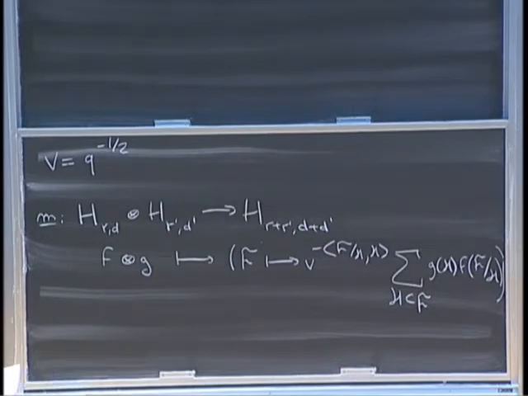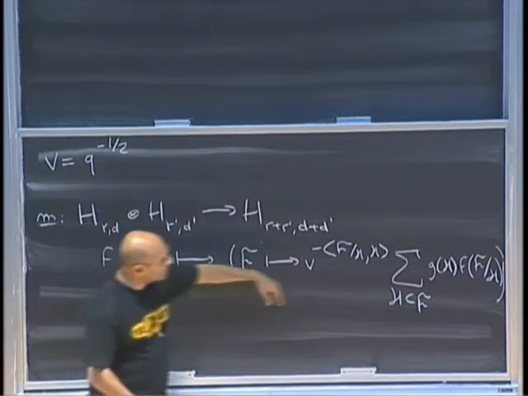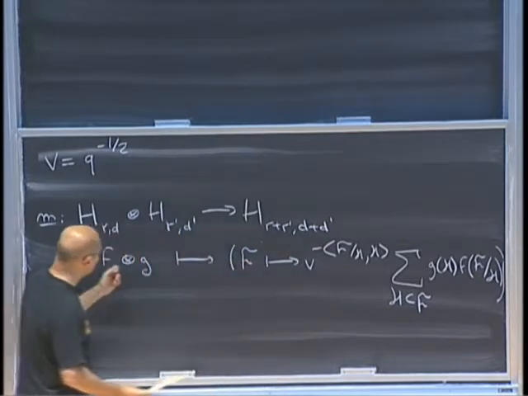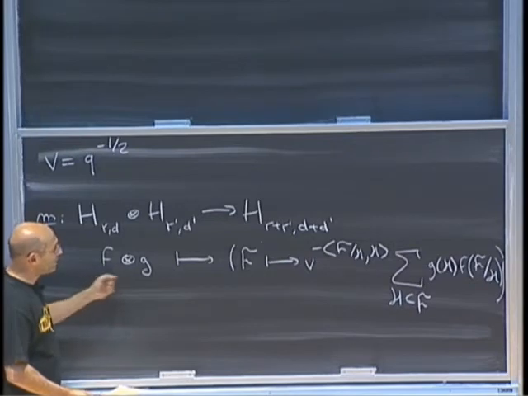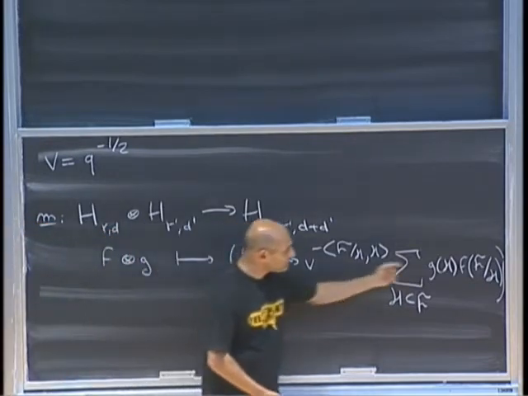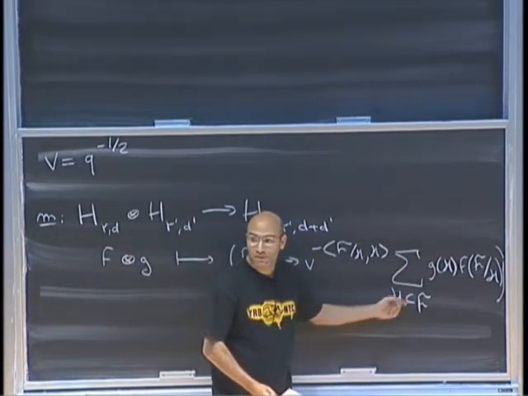Okay, so if you want to think about characteristic functions of coherent sheaves, these form a basis of your Hall algebra. If you unravel this definition a little bit, you will see that the product of the two characteristic functions of sheaves, say H1 and H2, will be supported on the set of extensions of H1 by H2.